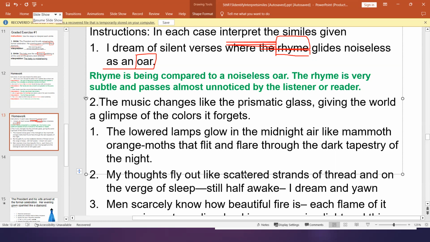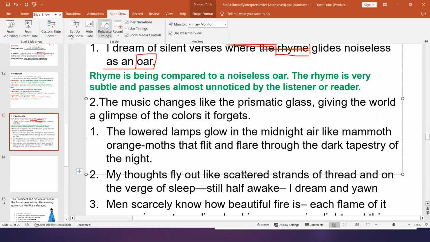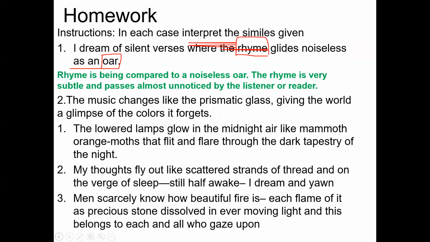Very good. Okay, good. So what two things are being compared, Jemiah? Music and prismatic glass. Very good.